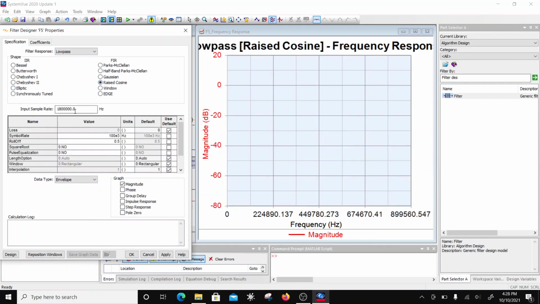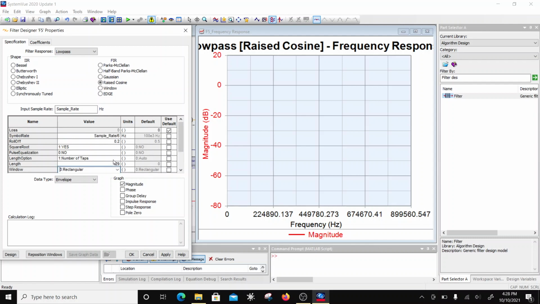So I go here and say sample rate, and here it is sample rate by 6. Excess bandwidth is, let's say, 20%, and raised cosine yes. Phase equalization, okay, number of taps is 129, right?